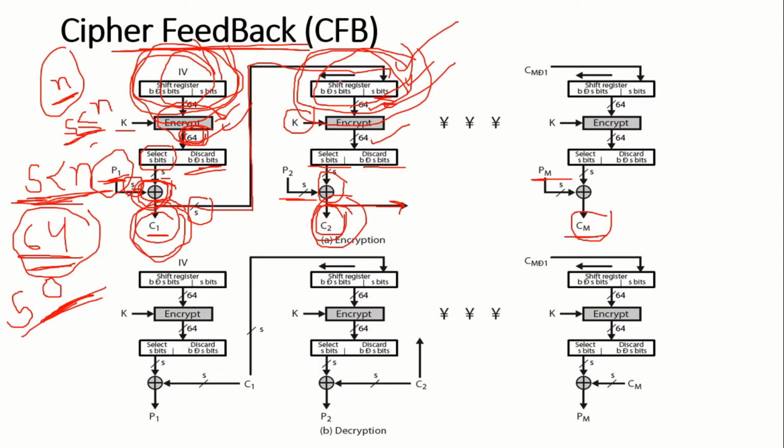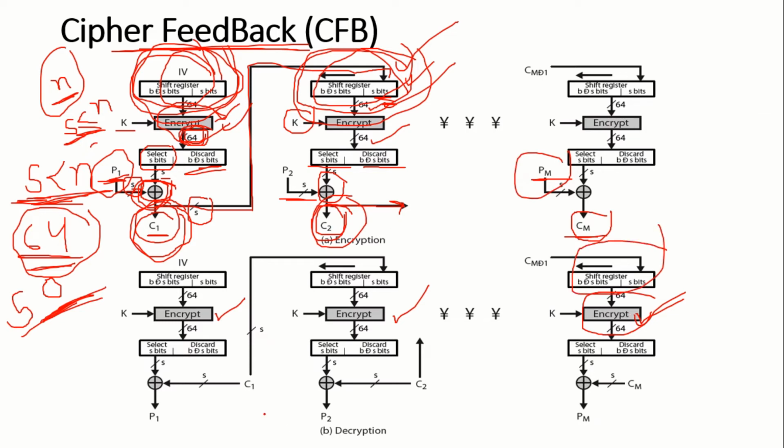Now, one more important thing in cipher feedback is we make use of the encryption process at both the encrypting end as well as the decrypting end. So this mode of operation is designed like that. We will be using the encrypt operation at both the ends, because we are not applying this encrypt operation directly on the plain text, we are applying this encrypt operation on the shift register.